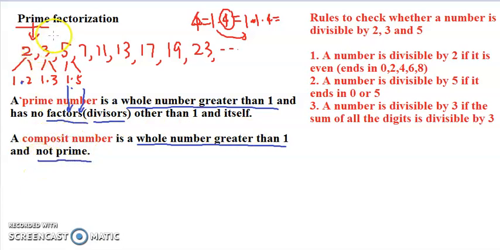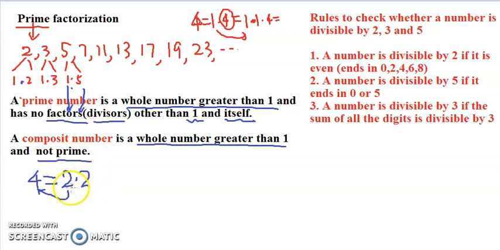For example, we have, say, 4. 4 is not prime because I can break down 4 as 2 times 2, and you can see that doesn't satisfy the condition, because it said factors. You can only have factors 1 and itself. You cannot have any other factors. But we have a factor 2, which is not 1, which is not 4. Itself for 4 means 4. And so that's not a prime number. That's a composite number.